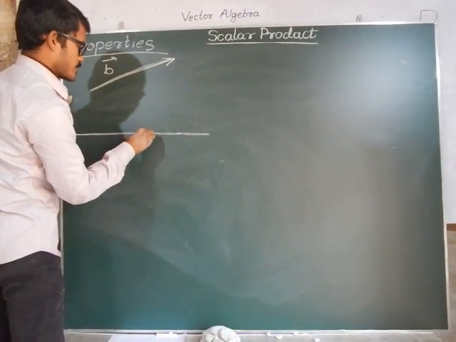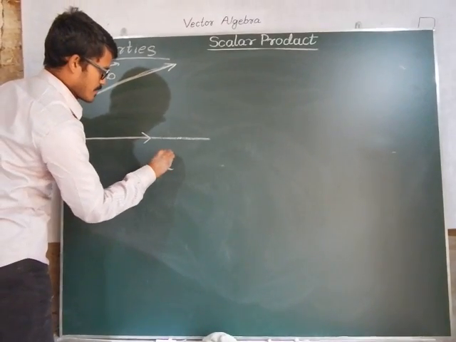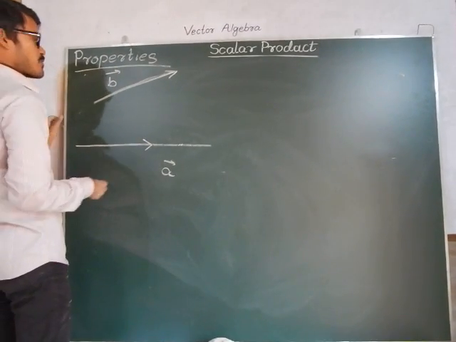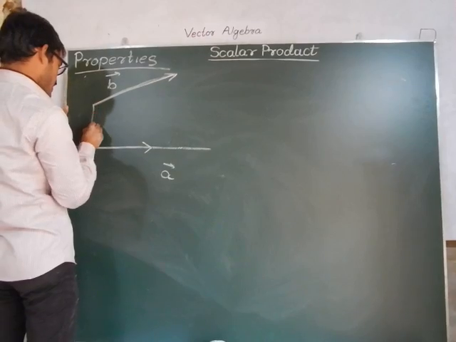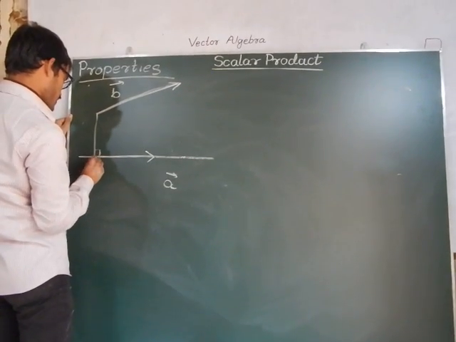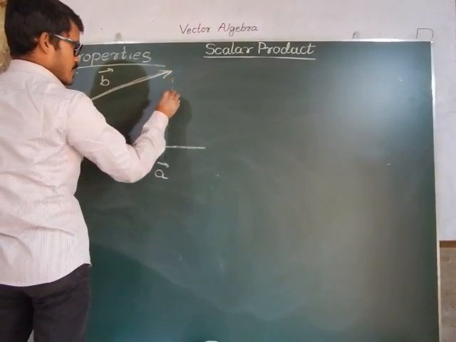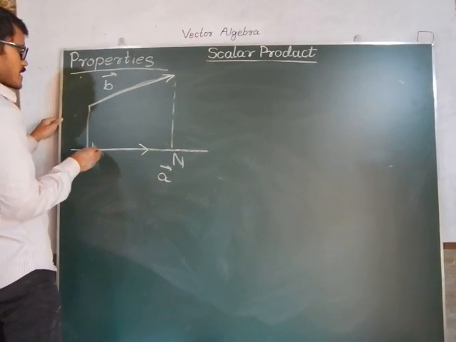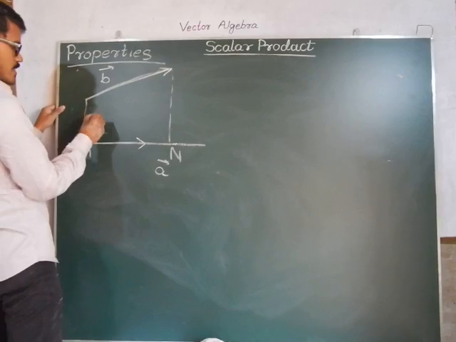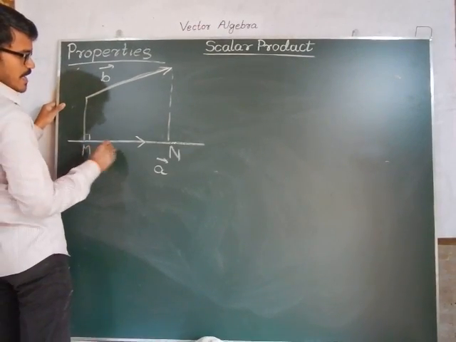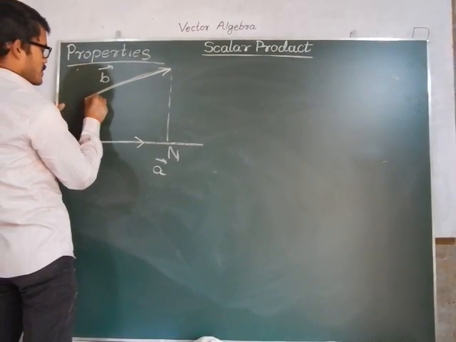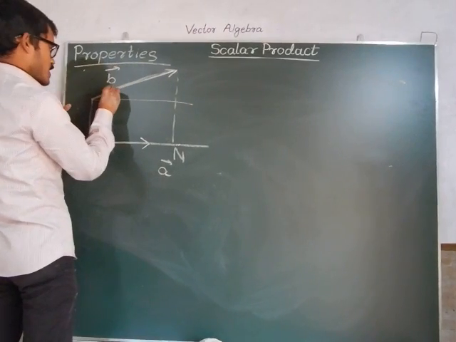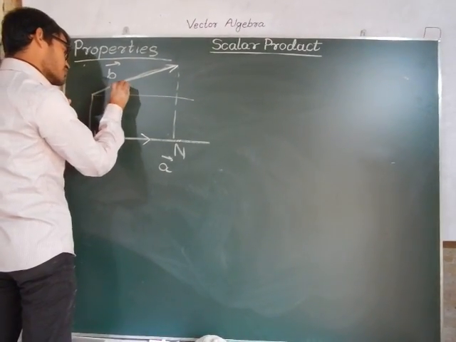This is the projection. This is point M and this is point N. If theta is the angle between A and B, and you draw a line parallel to vector A, theta is also here.